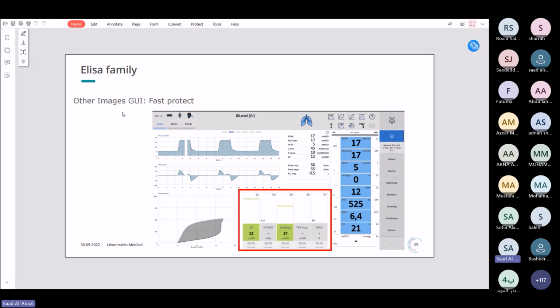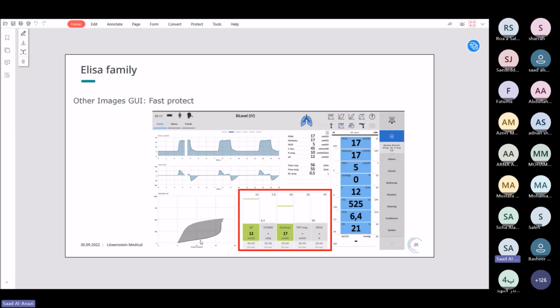After that, we have in the ELISA 800 something called Fast Protect. As you see, it's a new feature in our ventilator, in our ELISA 500, which is really focusing on the protection from lung injury. We continuously measure the plateau of the patient, the delta V of the patient, and also the tidal volume compared to the ideal body weight for this patient.